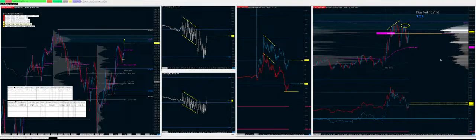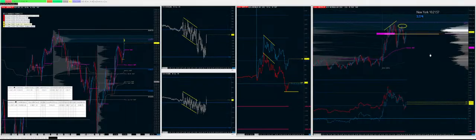Okay, so it's coming against us a little bit. Not panicking, not a big deal. Let's see how committed they are to taking this thing lower.